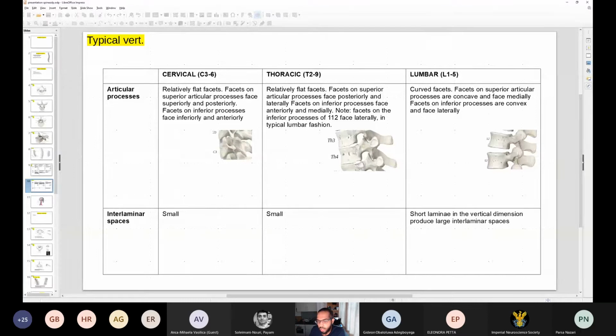It's mainly back and laterally. So once we know that, it's easy to work out how the inferior articular process is orientated, right? So this is laterally, so this should be medially. So this is posteriorly, then this is anteriorly. And lo and behold, it's facing anteriorly and medially. All right.